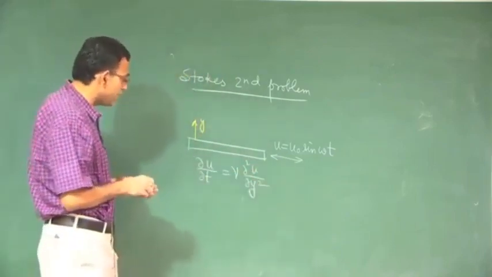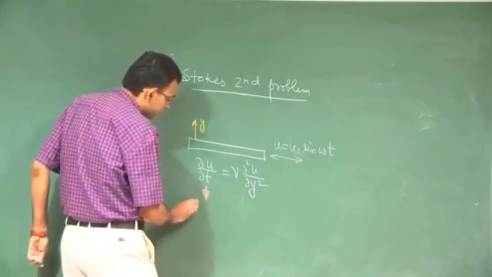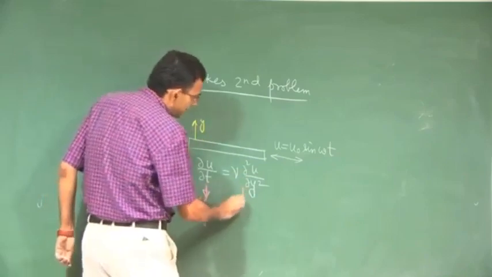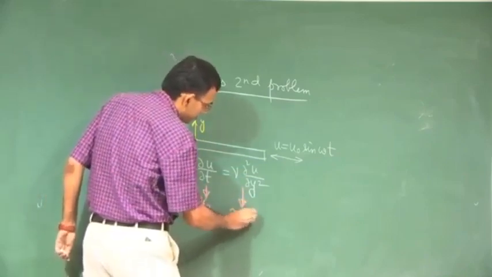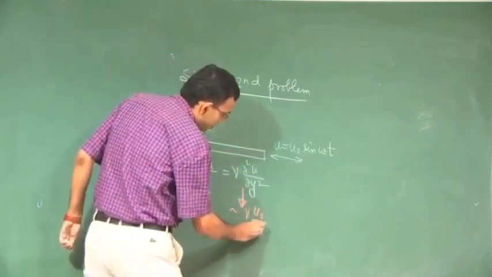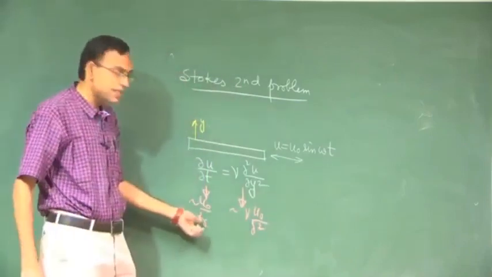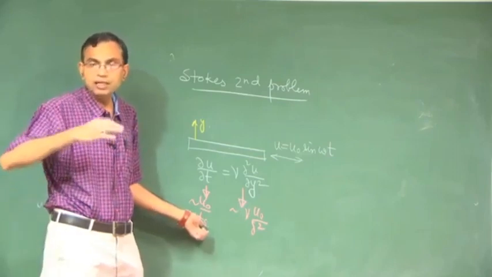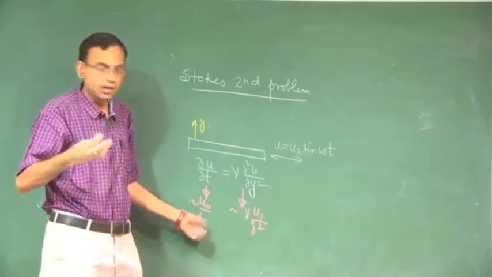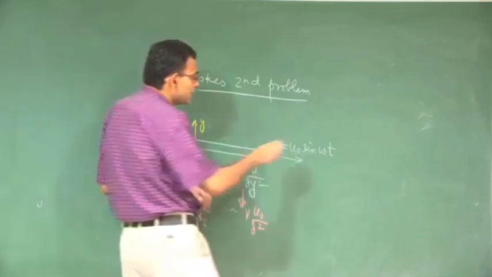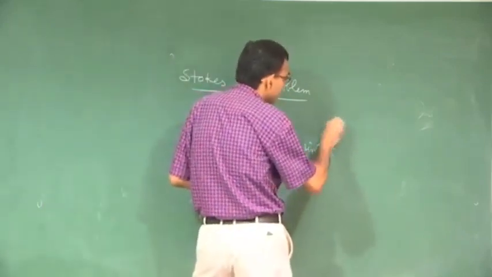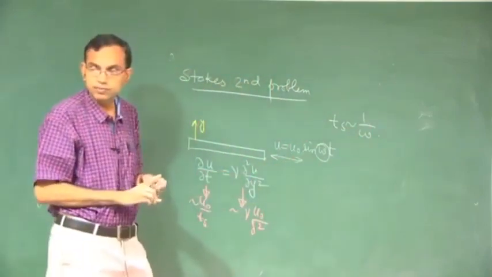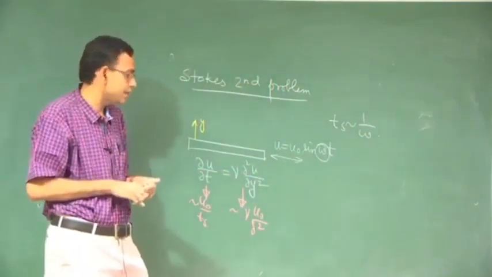So, if you do a scaling of this, and this is of the order of, so far so good, but this problem has a unique Ts. In the previous problem you could vary it at your will, but here the Ts is governed by 1 by omega. This is the most important physics of this problem, the other part is just trivial mathematics.